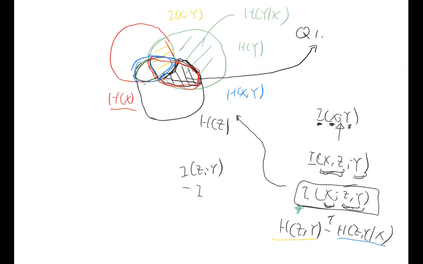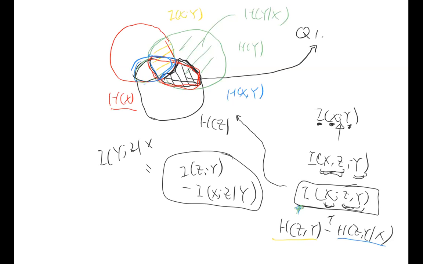This part is actually equal to I(X;Z|Y), something like that. And this of course is just the chain rule. So this will be just equal to I(Y;C|X), right?